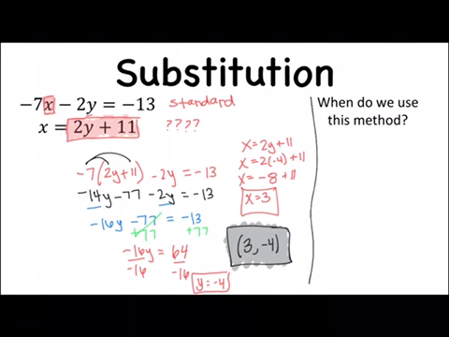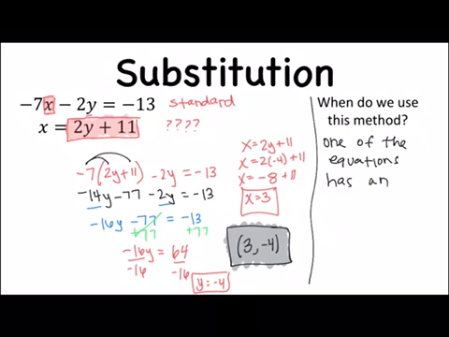Okay, when do we use this method? On the last slide, we said to use substitution when one of the equations was in slope-intercept form. Let's say when one of the equations has an isolated variable.